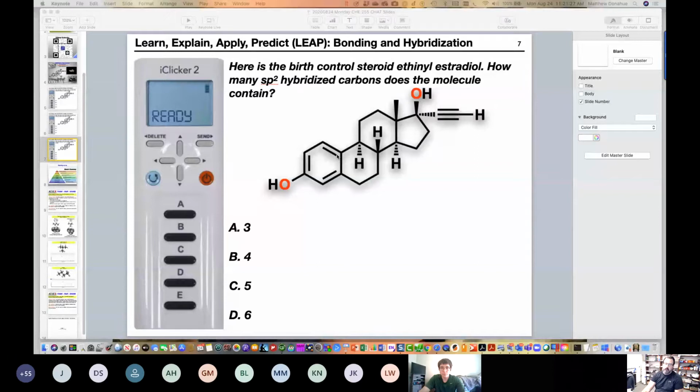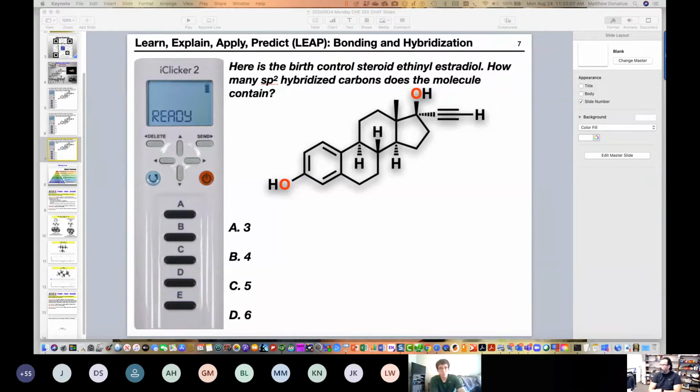And again, an sp3 carbon has 4 sigma bonds, sp2 has 3 sigma bonds plus 1 pi bond, and sp has 2 sigma bonds plus 2 pi bonds.